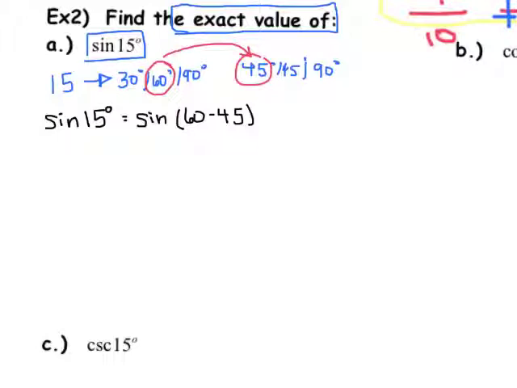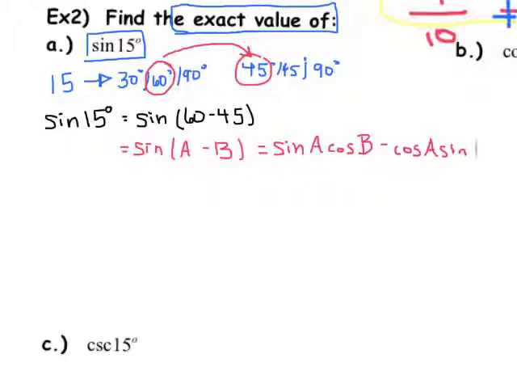All right, so sine of A minus B is equal to, so again, I'm using the A minus B for sine because I've got this minus sign right here, and I can go ahead and use the sum and difference. So sine A cosine B minus cosine A sine B.